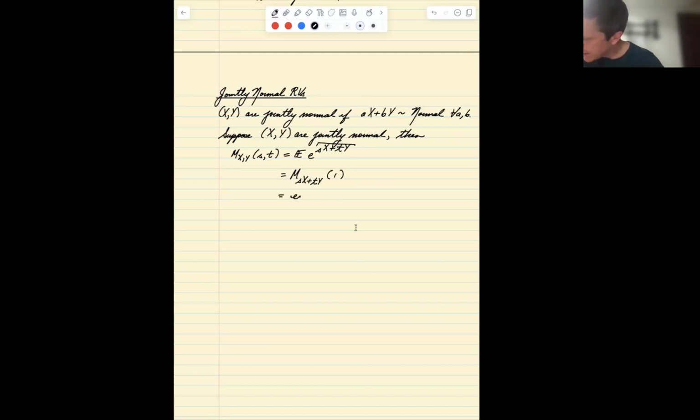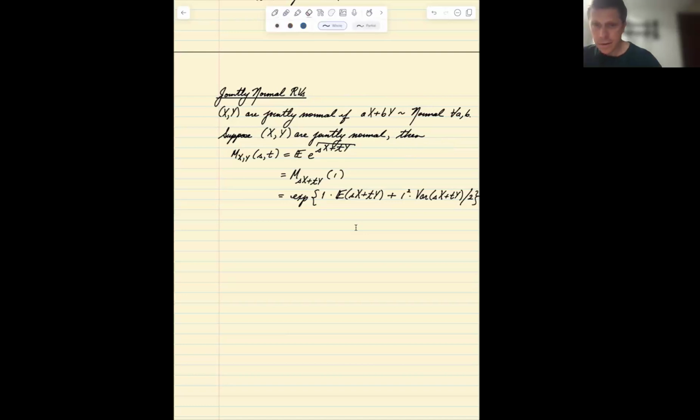Remember, for the normal it's e to the t mu plus t squared sigma squared over 2. Well, now it's e to the 1 times the mean, which is the expectation of sX plus tY, plus 1 squared times sigma squared, the variance of sX plus tY, over 2.